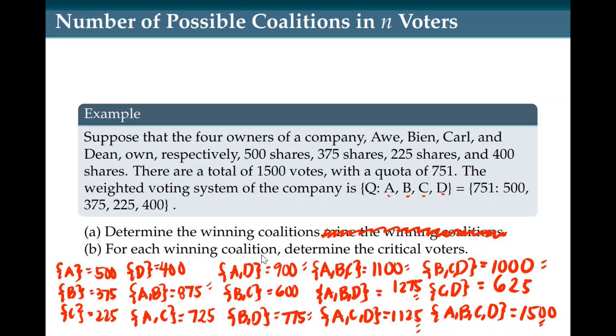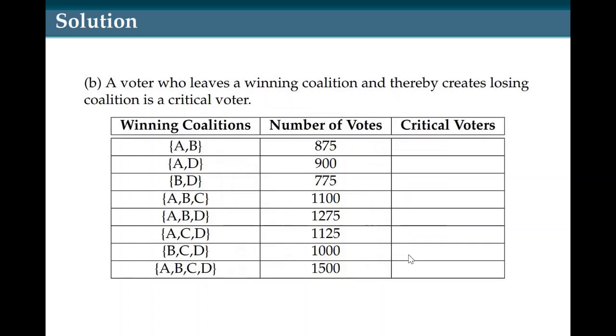So for each winning coalition, determine the critical voters. So from this, to be a critical voter, it should turn the winning coalition into a losing coalition.